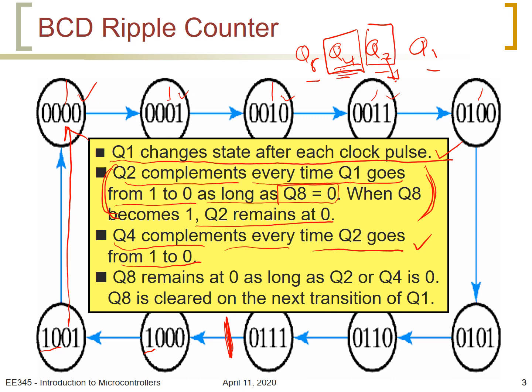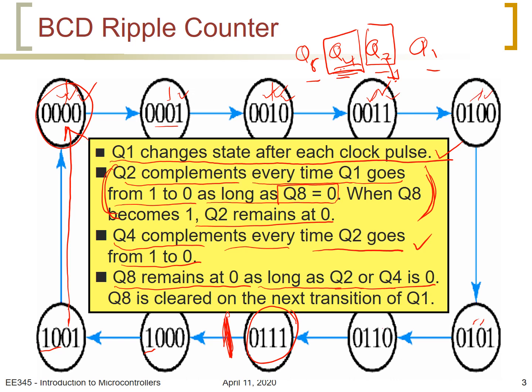Finally, Q8 remains at 0 in the first 8 counts from 0000 to 0111. Q8 remains at 0 as long as Q2 or Q4 is 0. If we look at these states, the first 8 states, Q2 and Q4 are zeros here. And here Q2 is 1, Q4 is 0. Here Q2 is 1, Q4 is 0. Here the reverse, Q2 is 0, Q4 is 1 for these two.